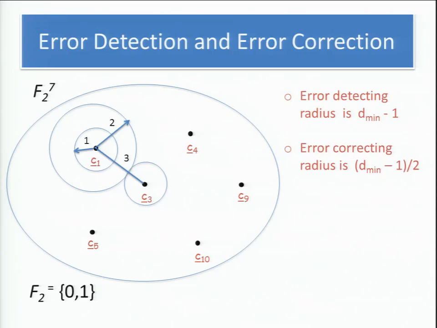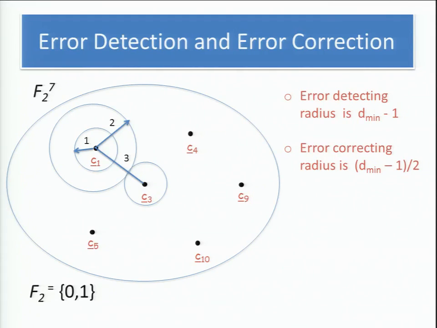What is meant by error correction capability? It should be able to correct those errors also. Maybe you can say there is an error, but you don't know which is the correct code word. So a code has both error detection and error correction capabilities, and it is like modes of your phone. You can either use it in error detection mode or in error correction mode.